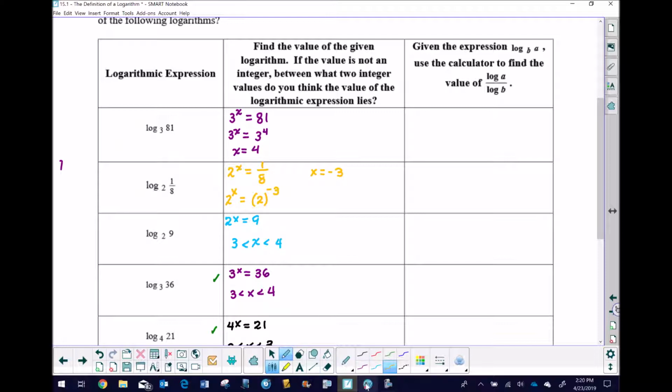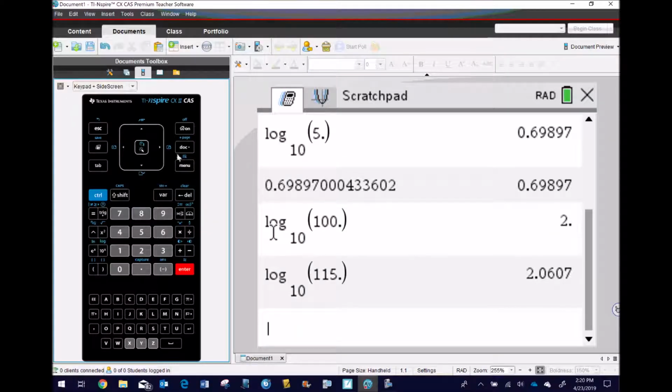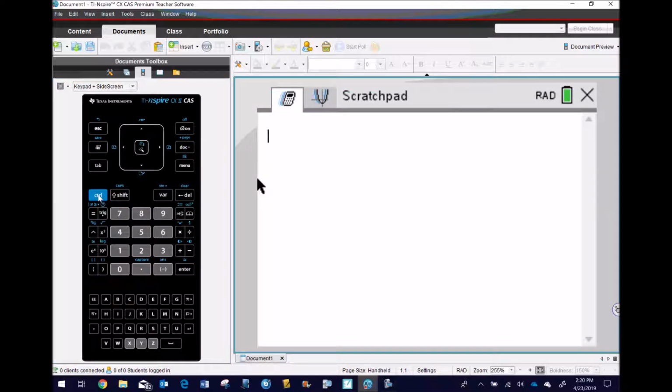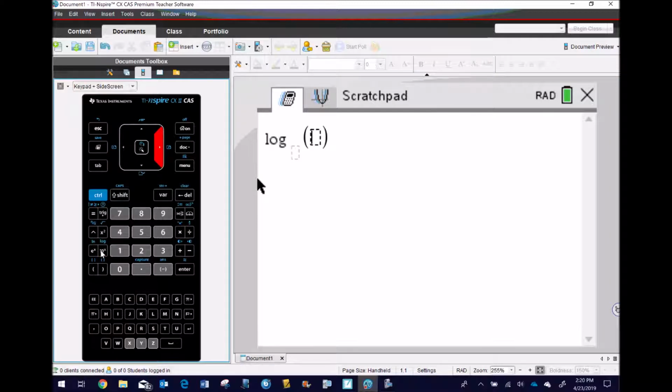I'm going to switch over to the calculator. I've got a lot of stuff on my screen here, so I'm going to clear that and start from scratch. I'm going to get a fraction template, so I can hit Control Divide.